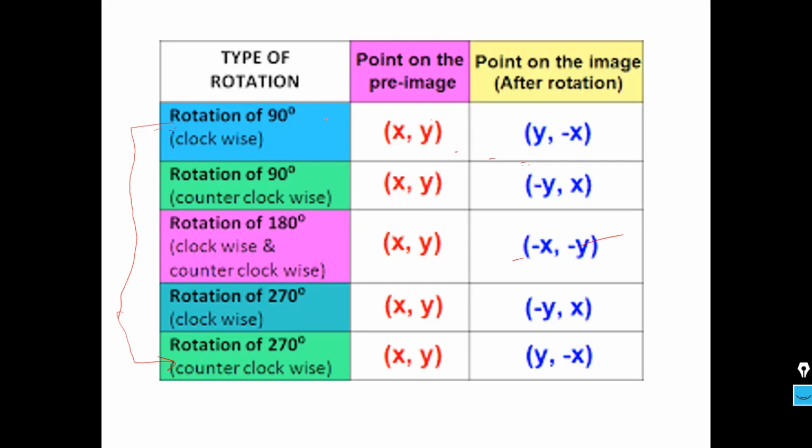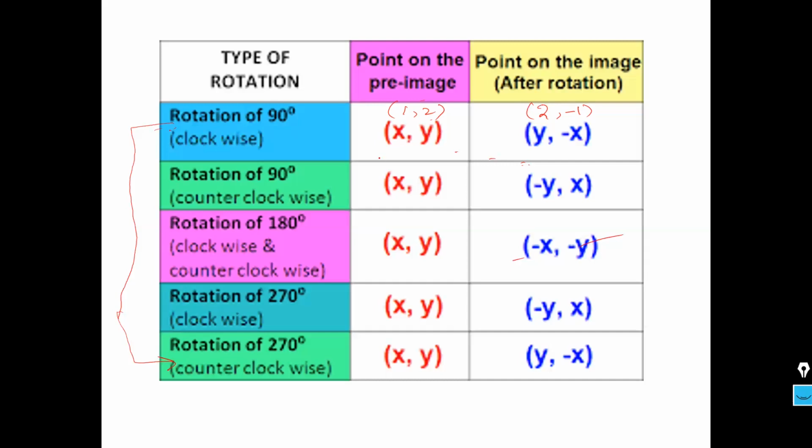For example, if x and y are 1 and 2, y is 2 and x is 1, then it will become (2, -1). See, 1 has come to y's place with the negative sign, and 2 has come to the x place without changing sign.